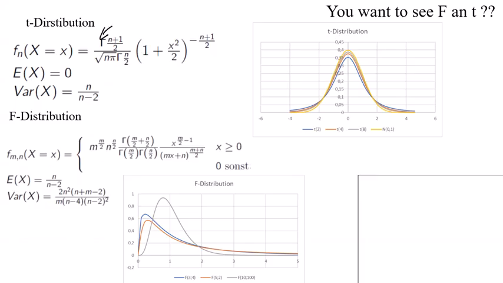This is the so-called gamma function, and the gamma function is the smooth approximation of the factorial.